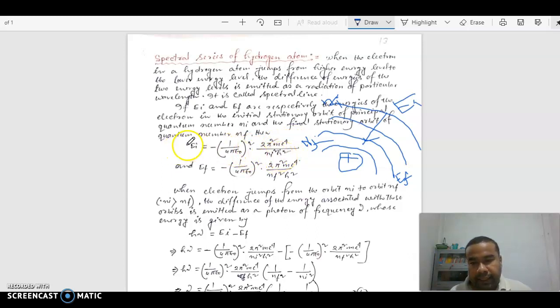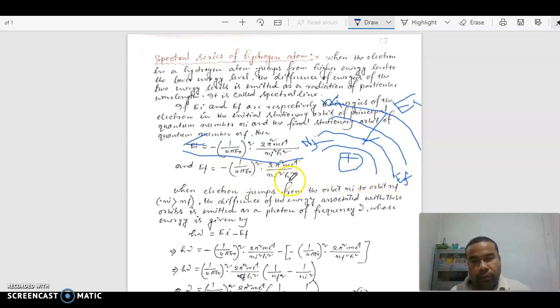This is the energy in the higher energy level. Then when the electron jumps to the lower energy level, its energy is Ef, equal to minus 1 by (4 pi epsilon naught) whole square, 2 pi square m e to the power 4 by Nf square h square. This is the energy in the lower energy level.